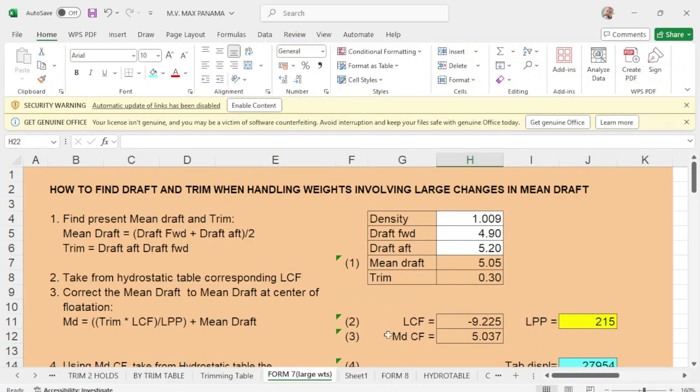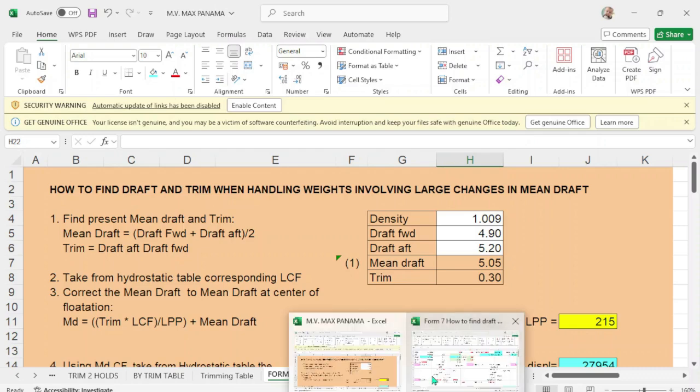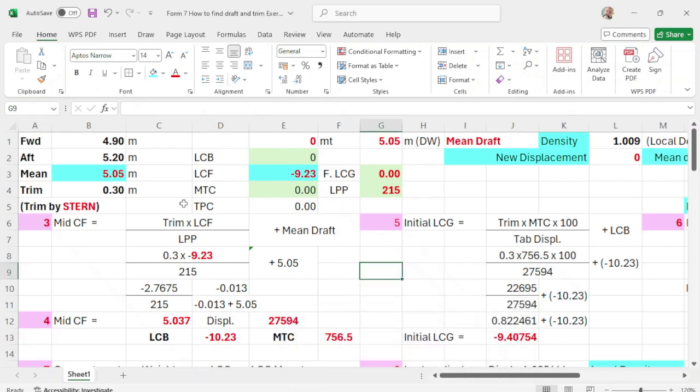So we go to number 2. With this mean draft, you have to get the LCF. The LCF is negative 9.225. So let's go to the Excel. Your mean draft is 5.05.